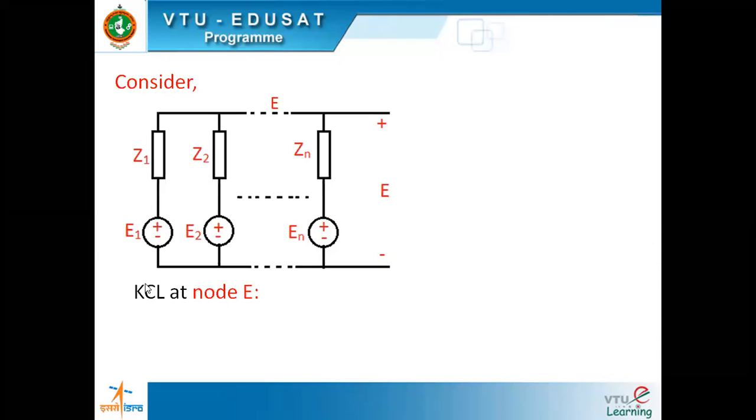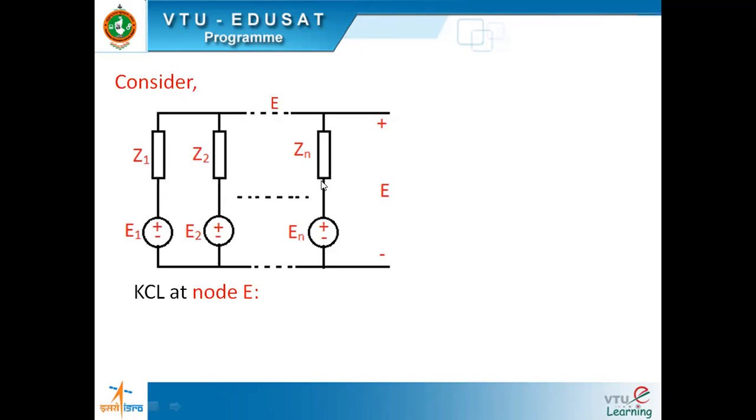Fine. So let's apply KCL at node E. What is the current in this particular branch, which is leaving this node? E is the voltage, so here is also E, here is also E, here is also E. So (E minus E1) divided by Z1 is this current. (E minus E2) divided by Z2 is this one.